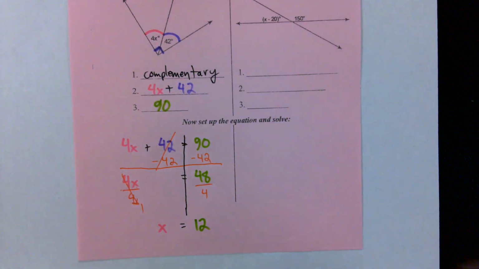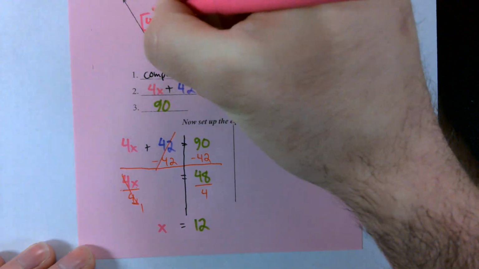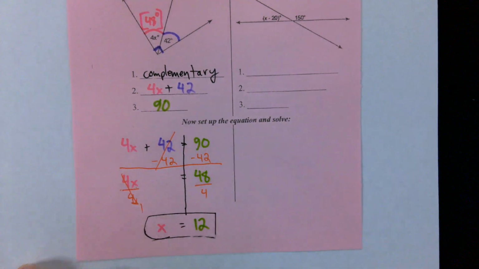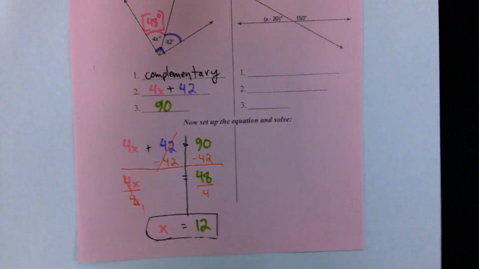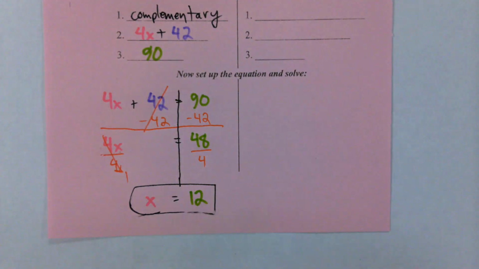If we plugged it into 4x, this angle would be 48 degrees. So we don't need to put degrees on our answer when we're solving for that missing variable. I appreciate everyone participating in that discussion.